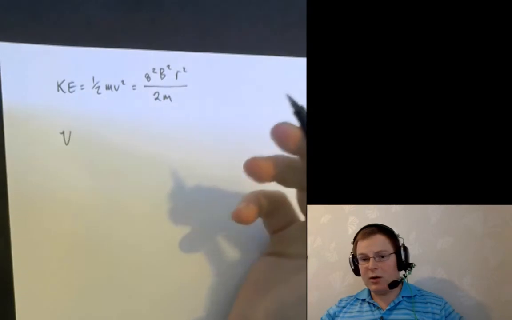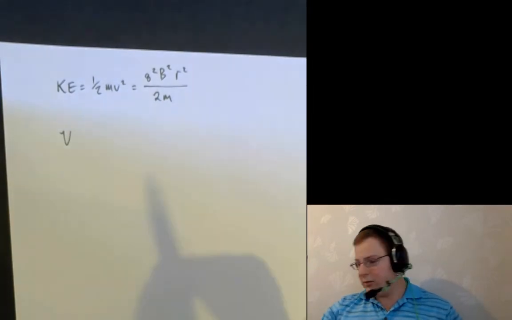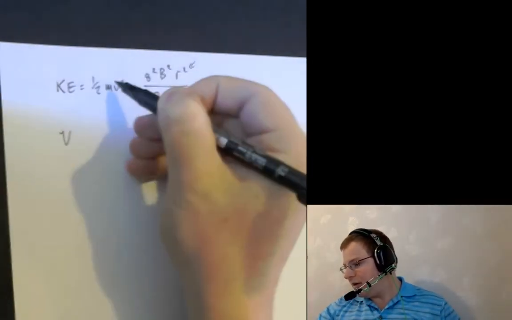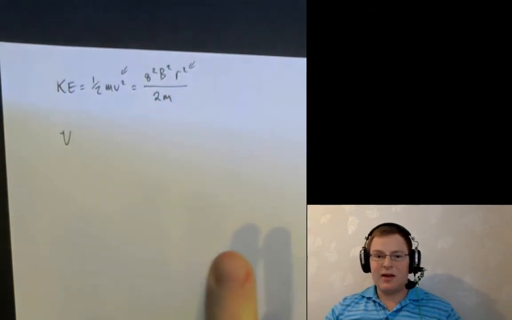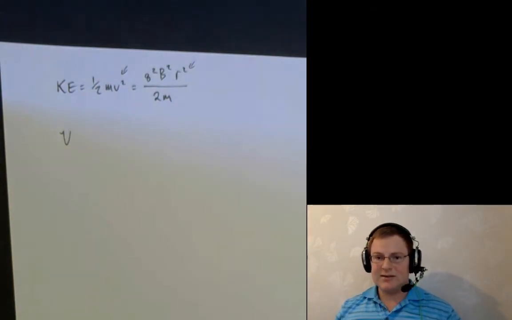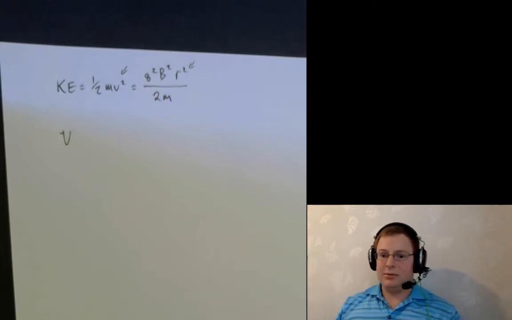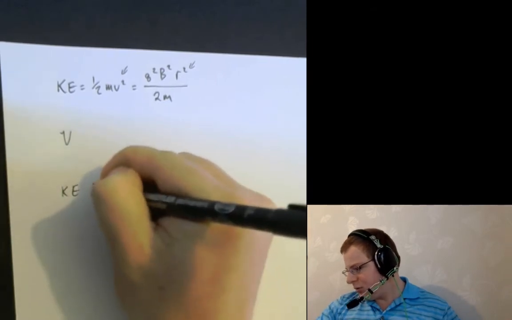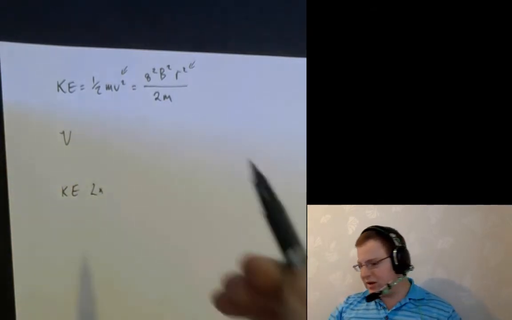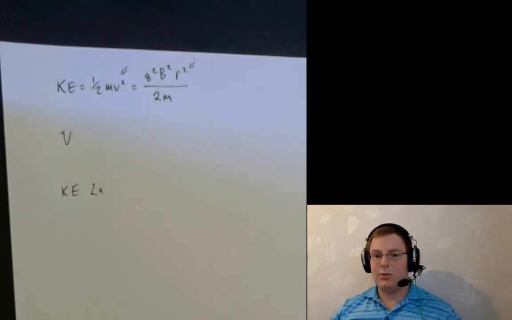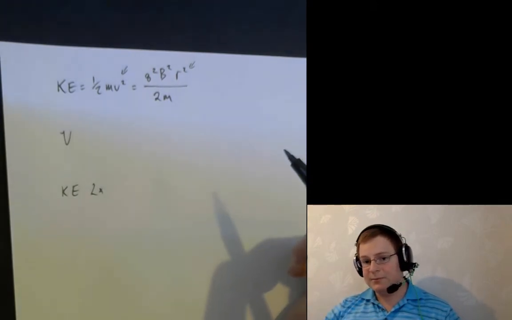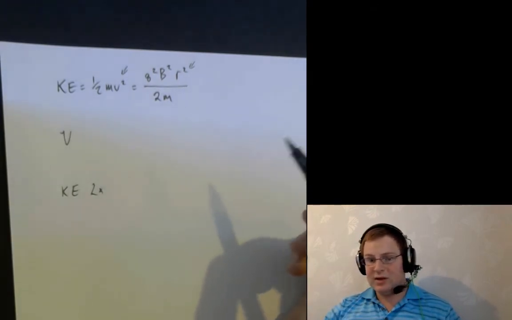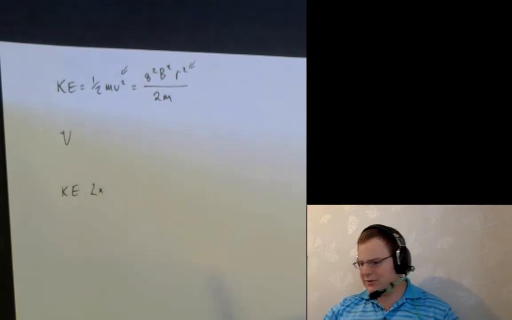So if we look at radius and think about velocity, if we're having constant increases in kinetic energy, let's say we double the kinetic energy. Just to give you an example, if we double the velocity, that doesn't work.